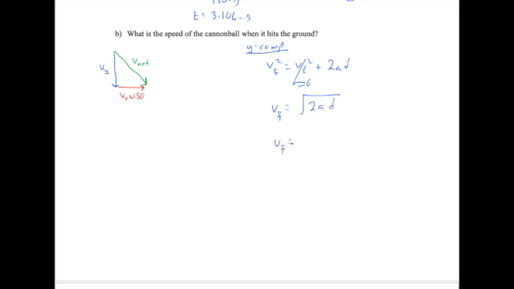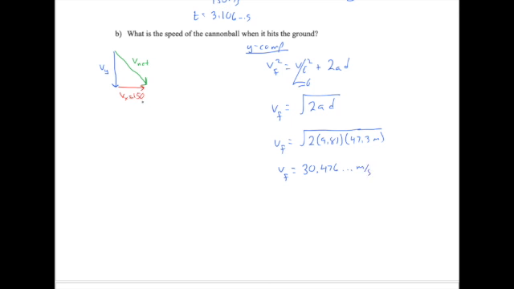So my vf is equal to the square root of 2 times 9.81, that's in meters per second squared, and then times the 47.3. And again, we'll use the whole number from our calculator here. So when you put those values in, our vf value in the vertical plane is going to be 30.5 meters per second, or if we use the whole number, 30.476, a few more digits, and that'll be meters per second. So that now gives us our vertical velocity.